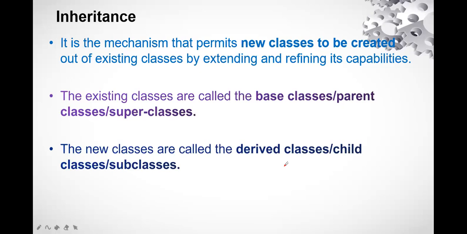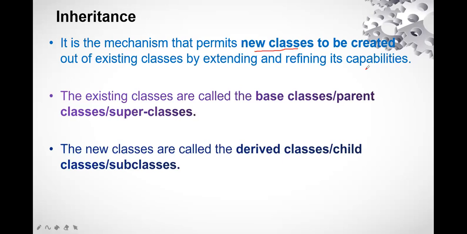That means some features are taken from the parent and the child has those features. So the child is deriving those features from the parents. This is a mechanism where it is permitted that new classes, just focus on this point, new classes be created out of existing classes by extending and redefining their capabilities.